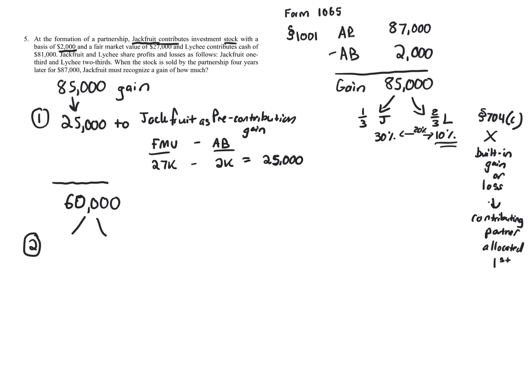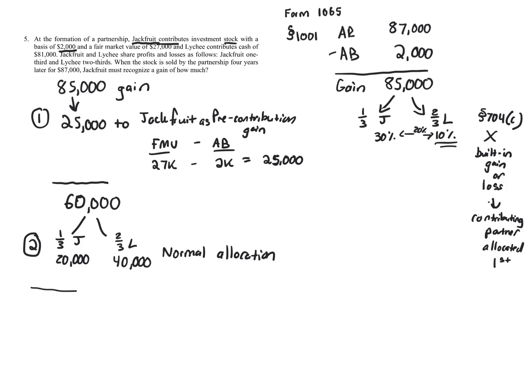That $60,000 is the second step. In that second step, we allocate using the normal allocation rules, which again, we look at the partnership agreement. We do 1/3 to J, which is $20,000, and 2/3 to L, which is $40,000.